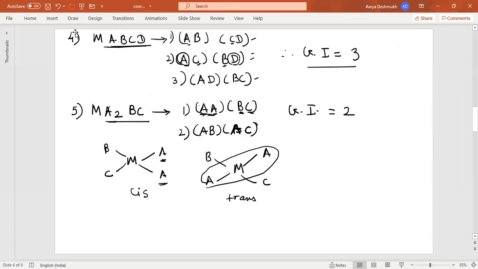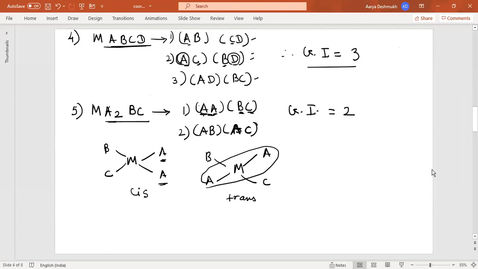And in MABCD type, where all the 4 ligands attached to the metal ion are different, 3 geometric isomers are possible. If this is the type of complex, MA2BC, then 2 geometric isomers are possible. Okay. So this is the easiest way you can find out.